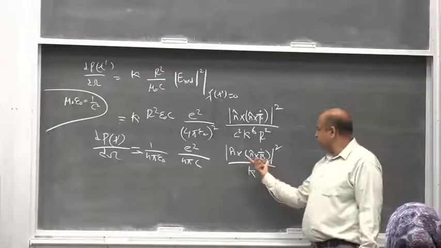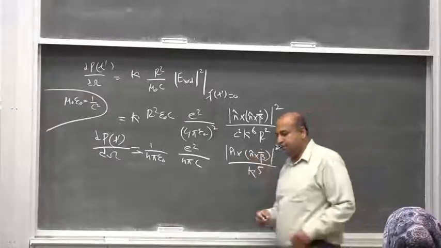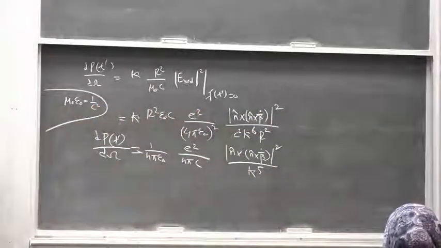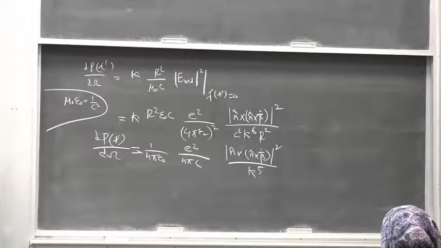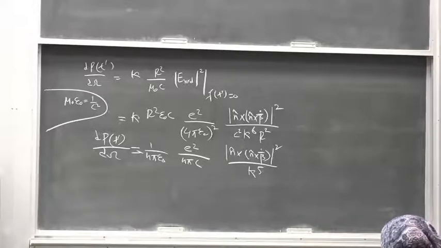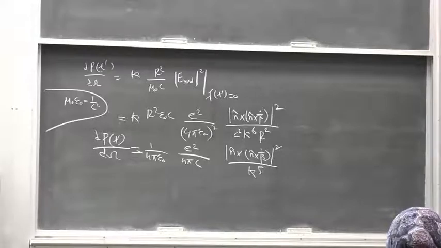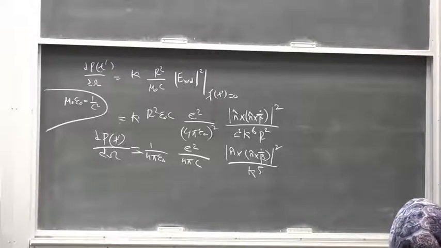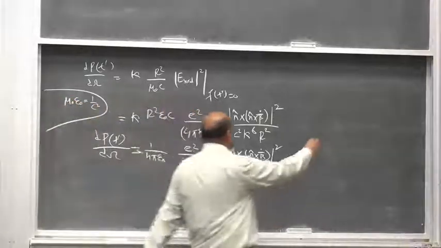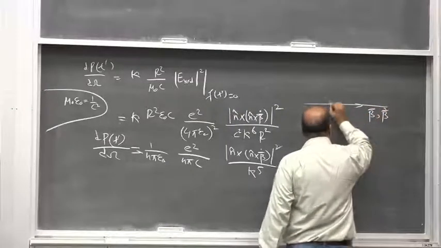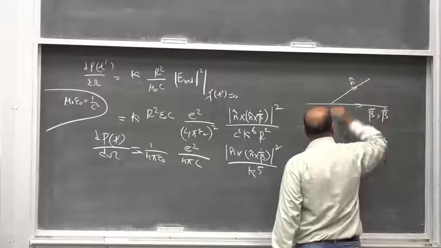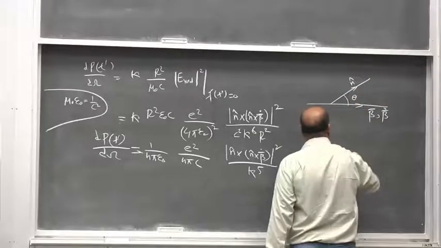So let's now try to work out this relationship, and for this let me assume for simplicity that, actually we don't have to assume, but let's say we redraw this figure. Suppose this is the direction of particle velocity and particle acceleration, and suppose this is the direction of observation, and let's say this is angle theta.